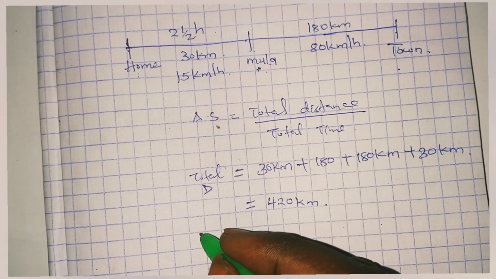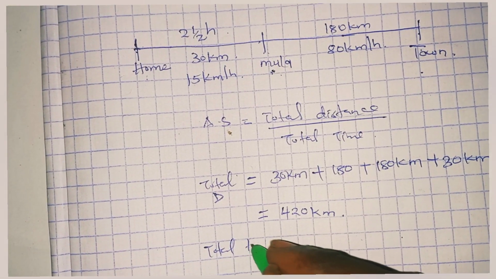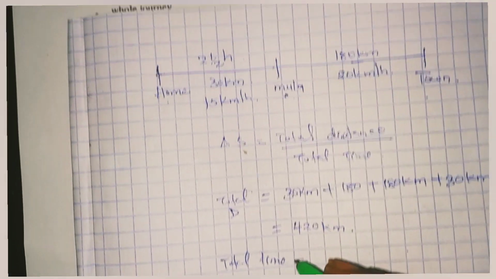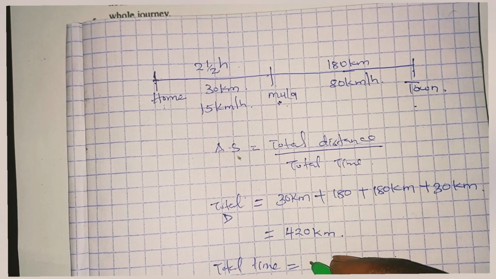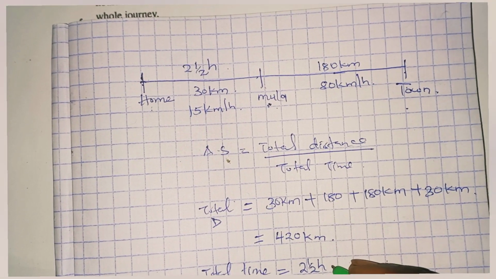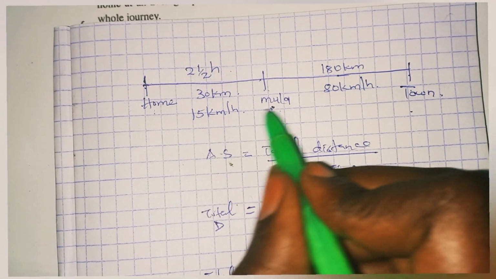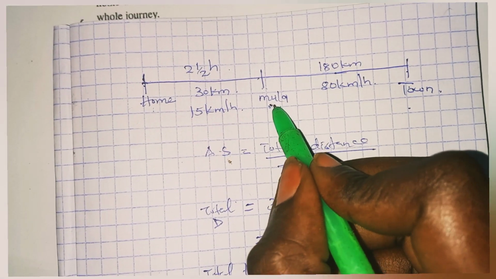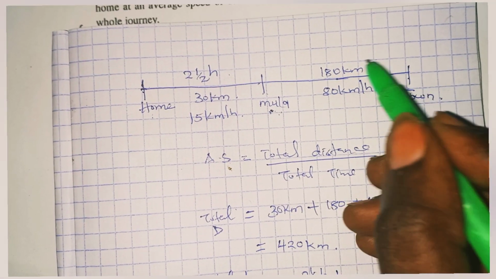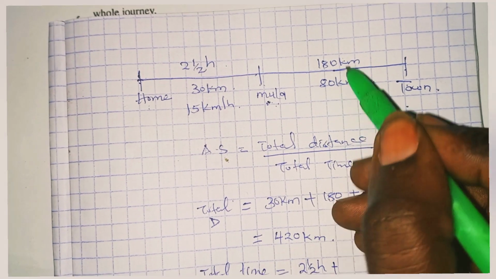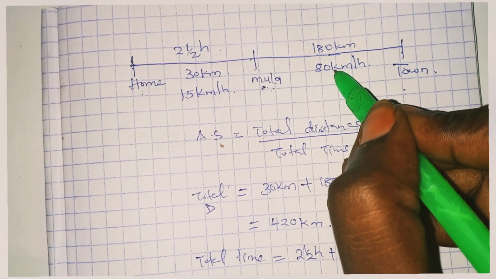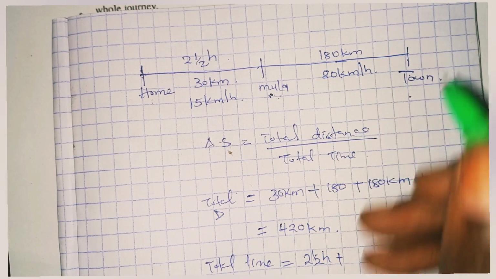Let's calculate the total time taken. Total time. The first time that he took was 2.5 hours, moving from home to Mula. From Mula to town, we've been given the distance and the speed. With the distance and the speed, we can calculate the time.